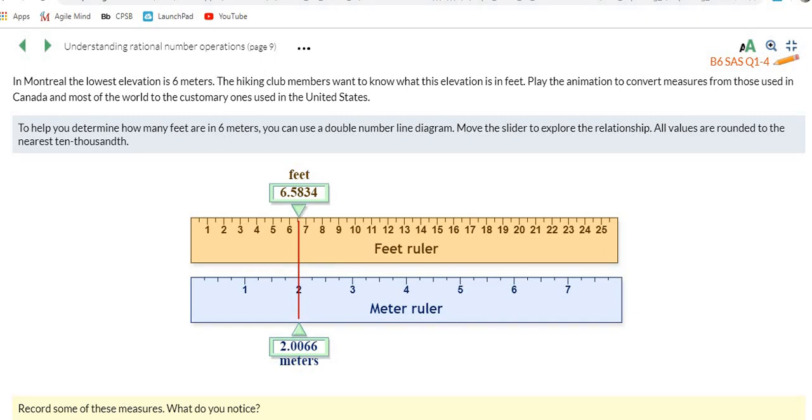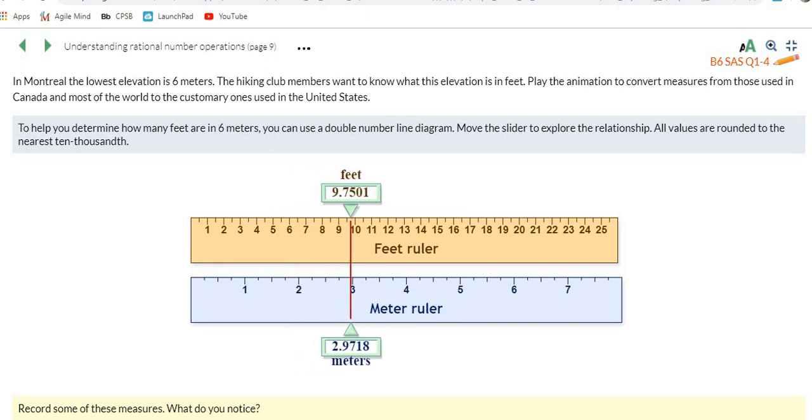It's going up by about 3. So for 3 meters, what could we predict? It's going to be between 9 and 10, huh? So if I scroll to 3, 9.8751. Did it go up about 3? Yes, ma'am.